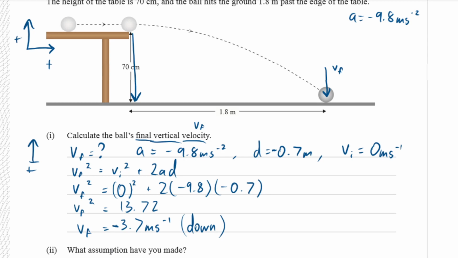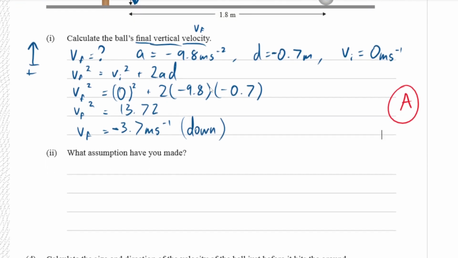All right, and so far that is achieved because we've calculated an unknown parameter using a kinematics equation. But to get merit, it's combined with part 2, and that is, what assumption have you made? So, a few assumptions.